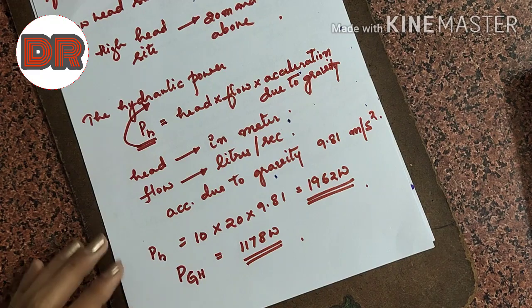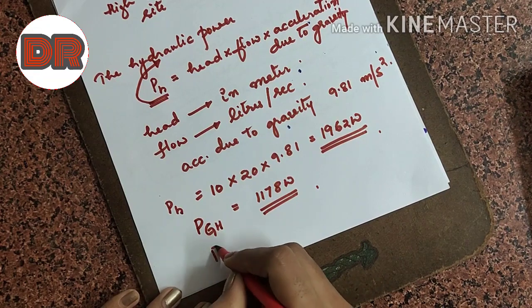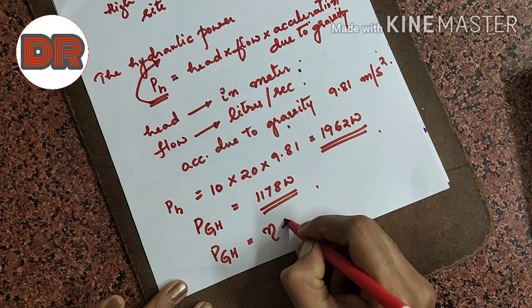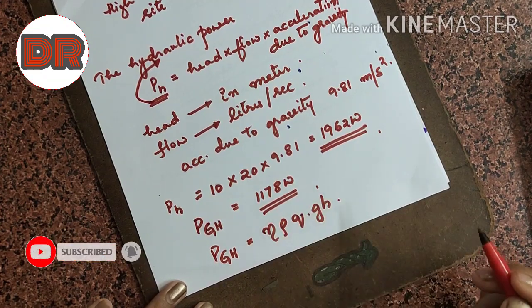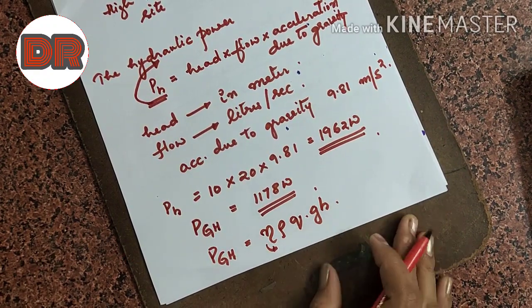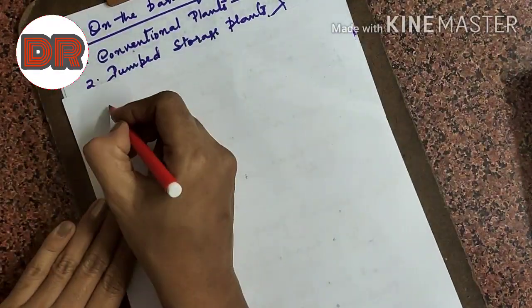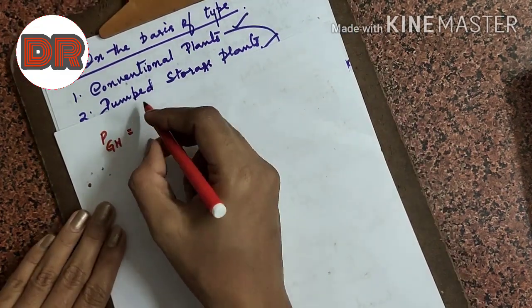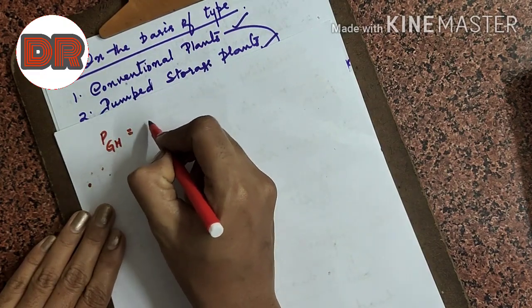So, in general, the generated electrical power is given as PGH equals efficiency eta into rho into Q into G into H, where eta is the efficiency of the system. PGH is the generated electric power from the hydropower plant.